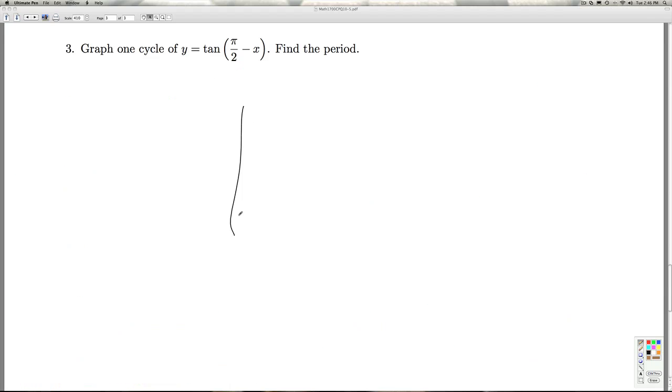All right, so now it's time to put all that information to good use. The new x's we got were pi, 3 pi over 4, pi over 2, pi over 4, and then 0.